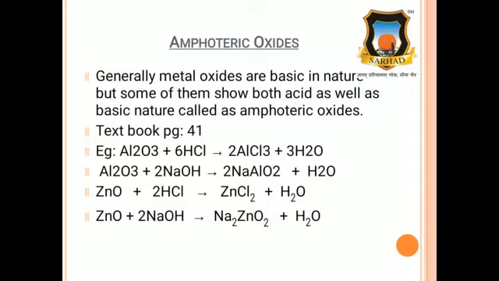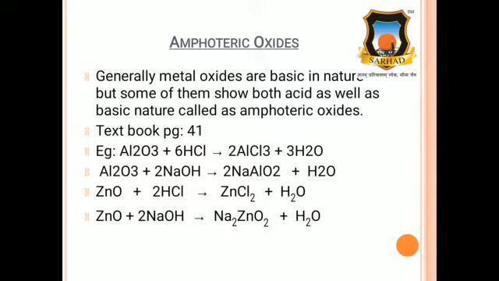So generally all the metal oxides are basic in nature, but some of the metal oxides behave both as an acid and a base. I have listed the example here of aluminium oxide.